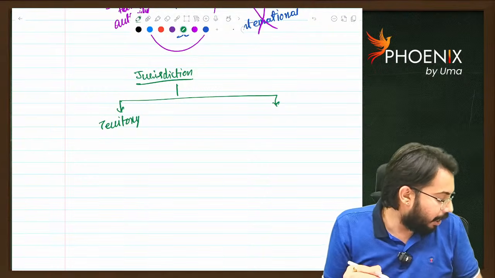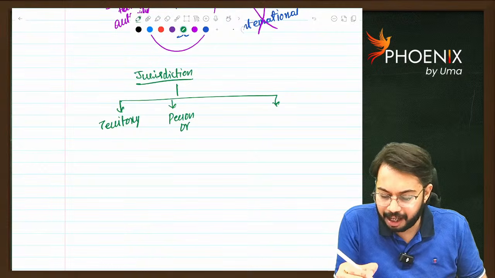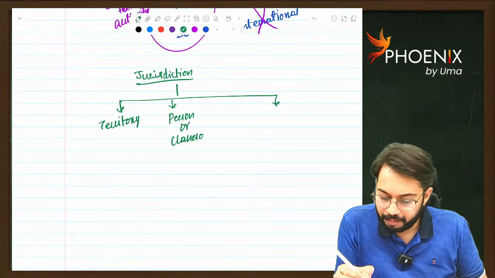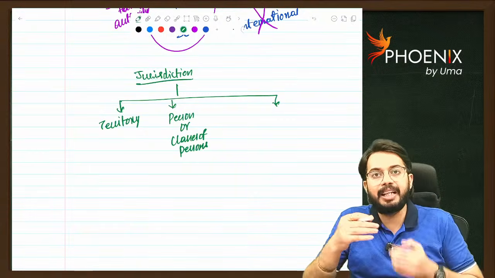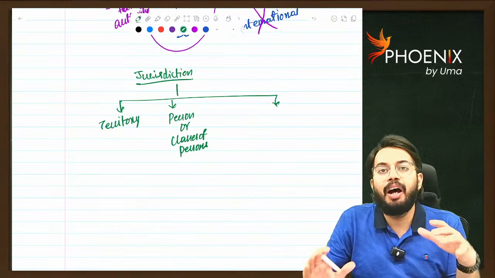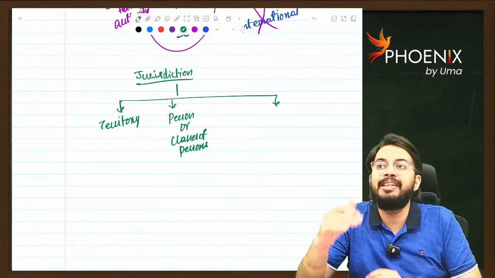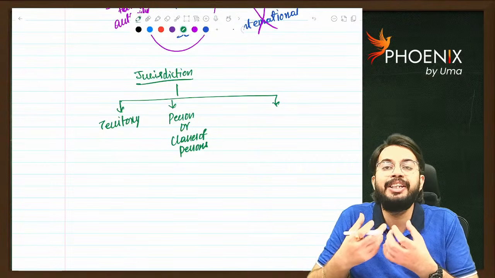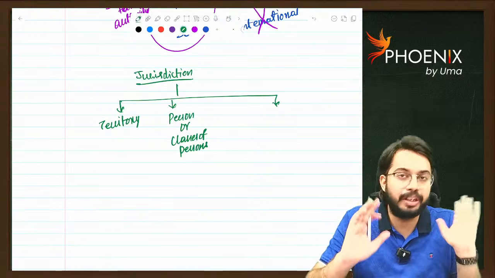Or it can be determined based on person or classes of persons. For example, for all companies, one assessing officer is there. For all trusts, one assessing officer is there. That means assessing officer jurisdiction can be defined by CBDT based on persons also.